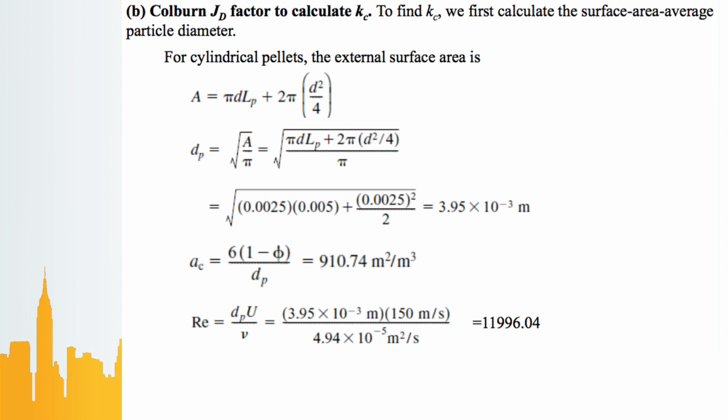So you get the value of dP, and then insert the value for dP into AC.